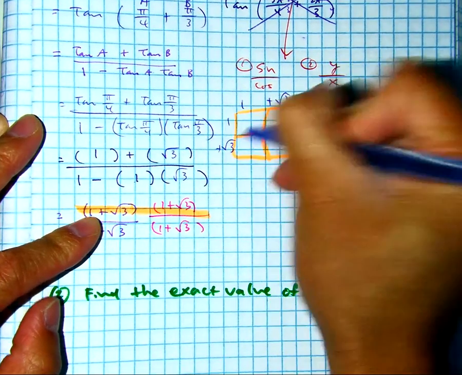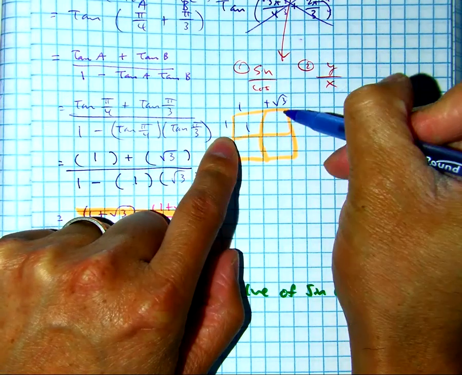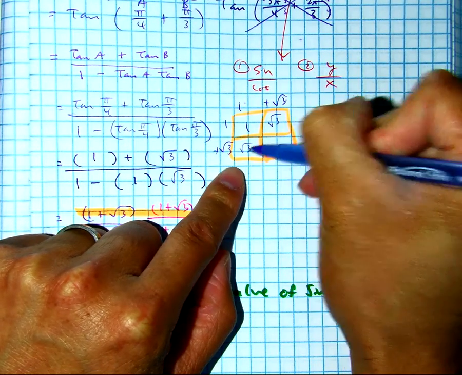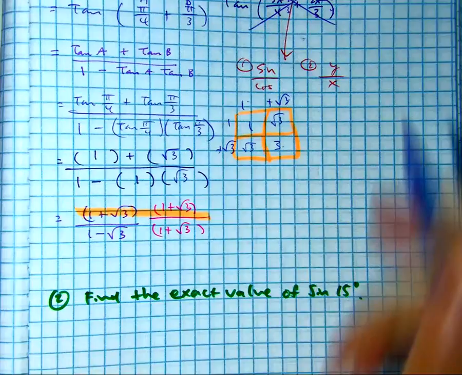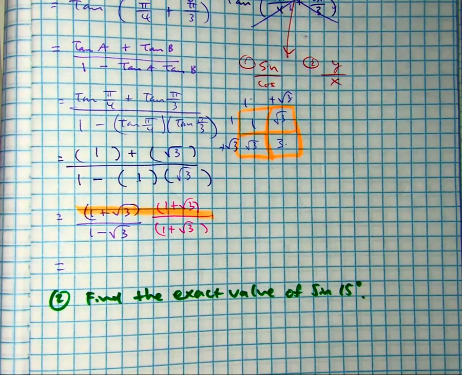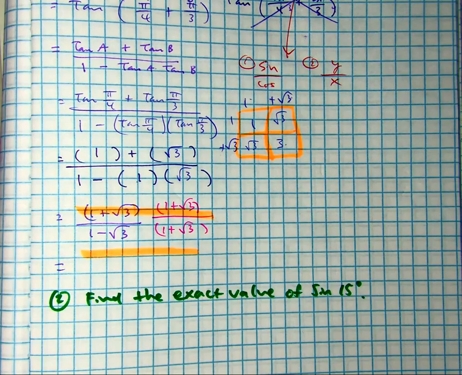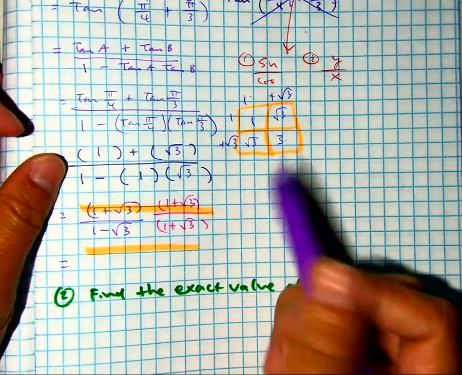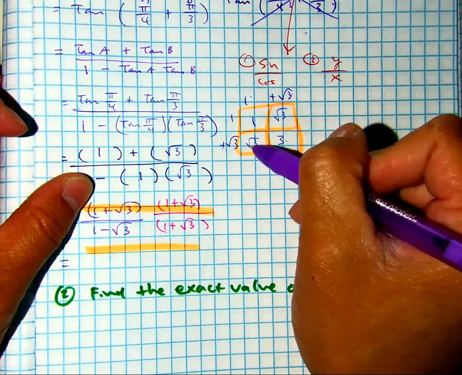Go ahead and multiply. 1, radical 3, radical 3, 3. Go ahead and combine like terms. 1 plus radical 9. Remember, you're adding. Pretend it's like an x.